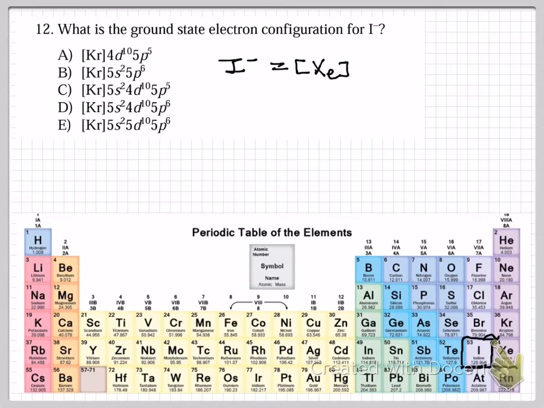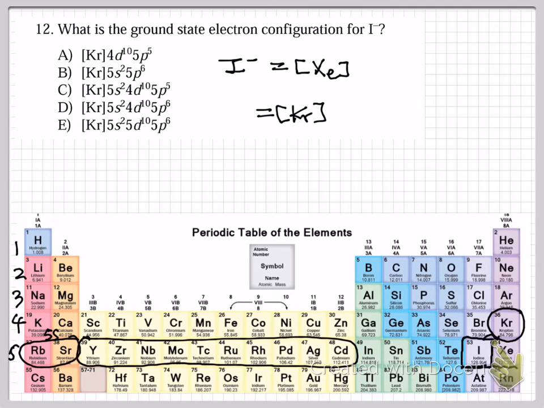Now in terms of xenon, the closest noble gas is krypton. So that will be starting from krypton. This is krypton, and you're going to stay with 1, 2, 3, 4, 5. This is 5s, and this will be 4d, and that is going to be the 5p orbital.